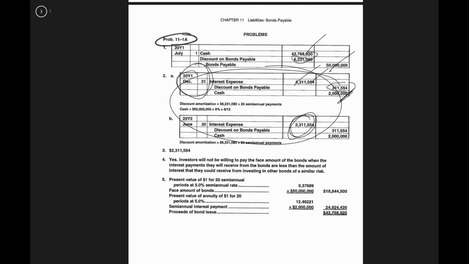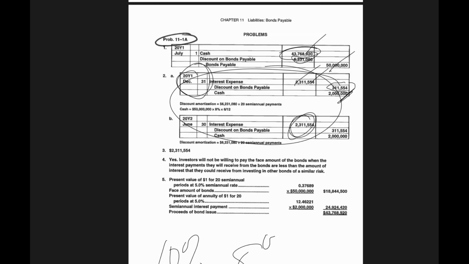Part 5, which is not probably the scope of this course, it says compute that price of $43 million. There has to be a reason how they came up with that $43 million, and it's because right now the market is paying 10%.